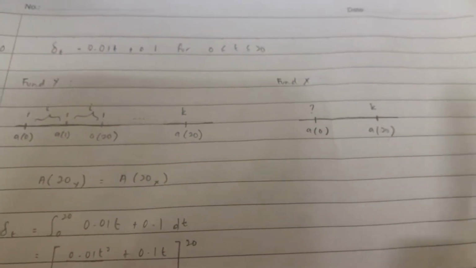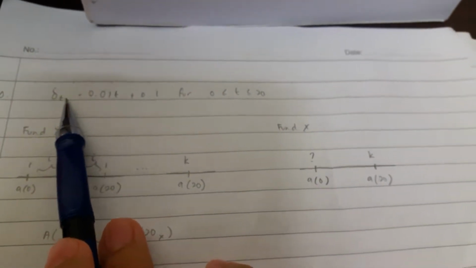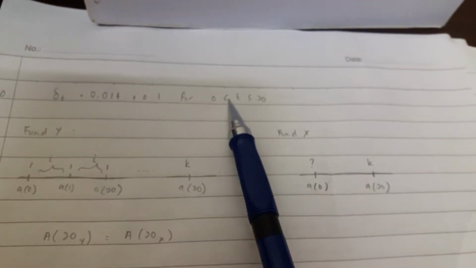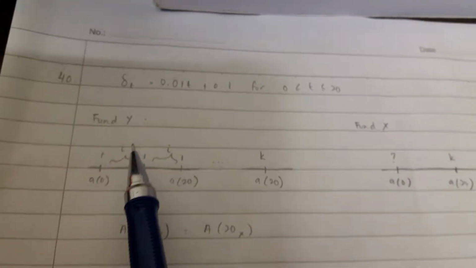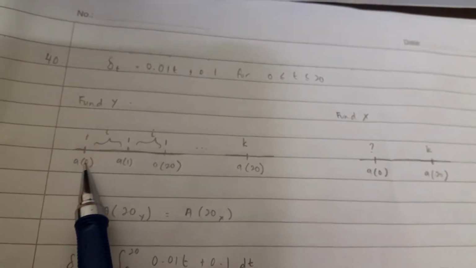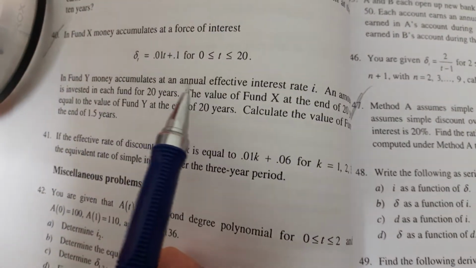In question 40, I've laid out all the information. It says this delta(t) equals 0.01t plus 0.1, and that is for t between 0 and 20. And then for fund Y, we draw the timeline where it says in fund Y, money accumulates at an annual effective interest rate i.